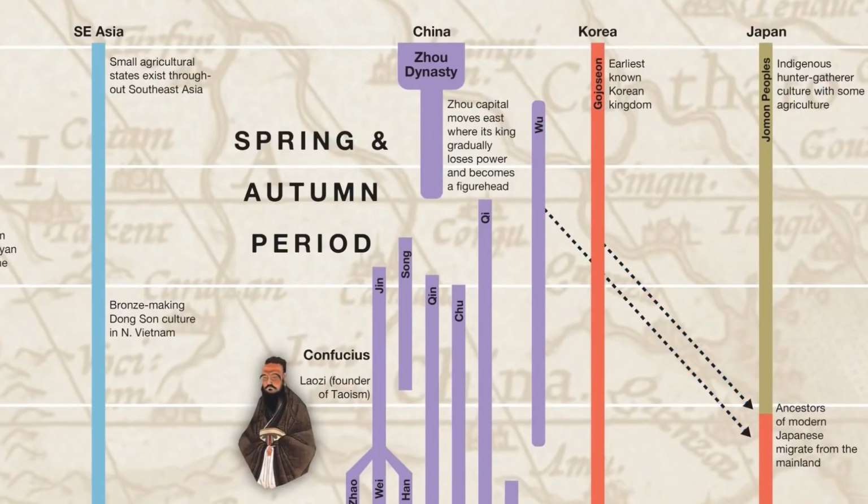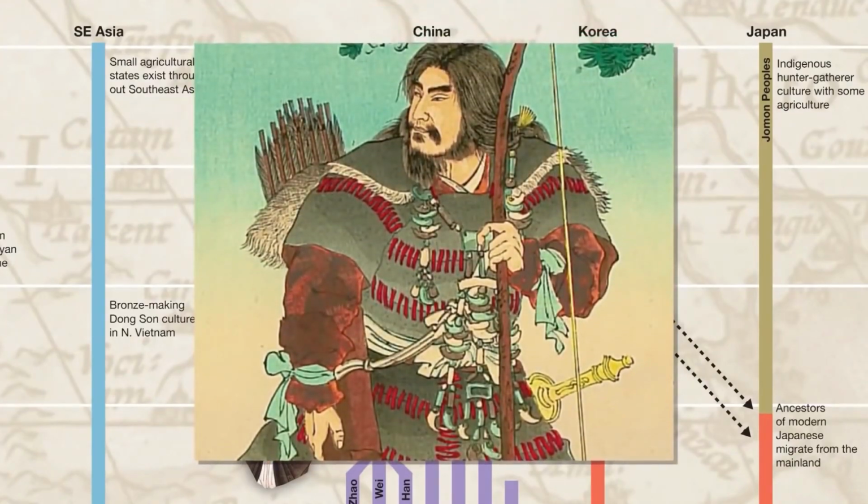Originally, Japan was inhabited only by the indigenous Jomon peoples, but during the Chinese Spring and Autumn period, settlers from mainland Asia arrived, and it is from these settlers that most Japanese people today descend. Interestingly, it is also at this time that the first emperor of Japan, Jimmu, is thought to have lived. However, most historians see Jimmu as being strictly a legendary figure, not an actual emperor.